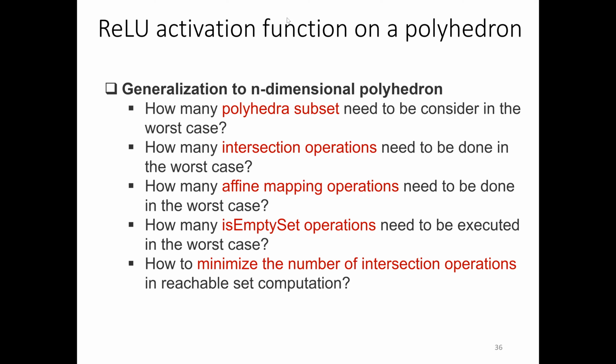So if you got a box, the optimal way is that if you have the lower bound vector of all the dimensions, you know whether or not it's smaller than 0, and if you have the upper bound, you know whether or not it's larger than 0. So if a dimension contains a 0 point, meaning it may be smaller than 0 or larger than 0, then the splitting happens there, and that's where we need the intersection operation.